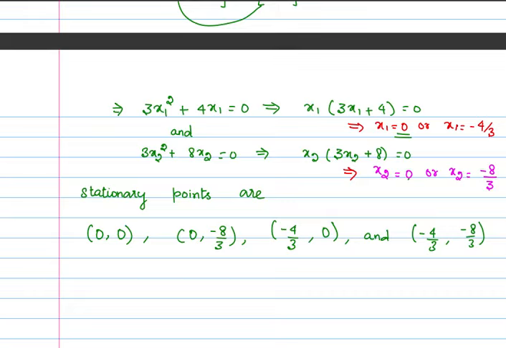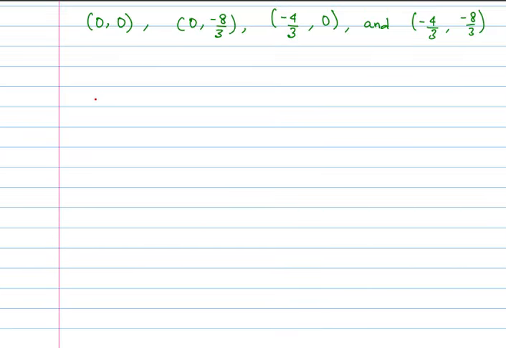What is the sufficient condition? You make use of the Hessian matrix. What is the Hessian matrix? H we call the Hessian matrix.